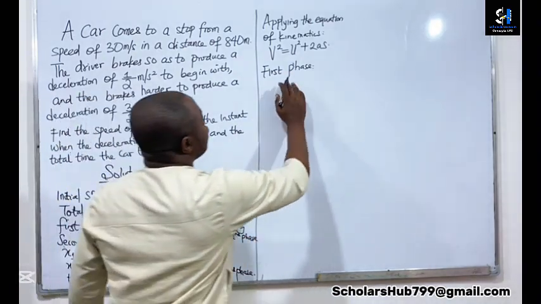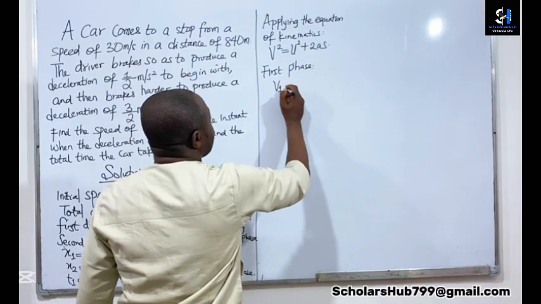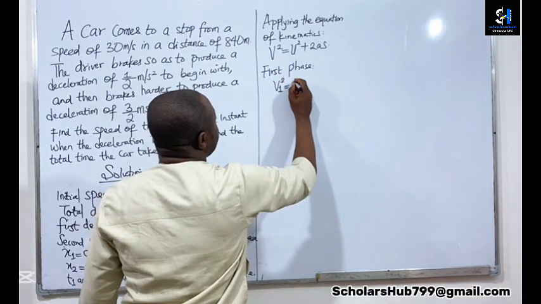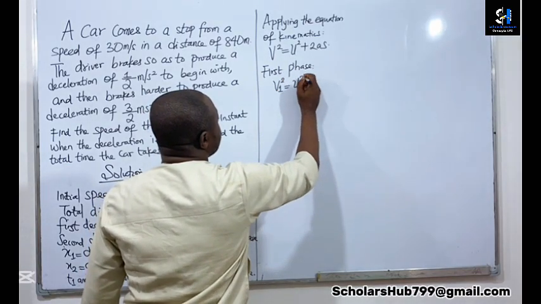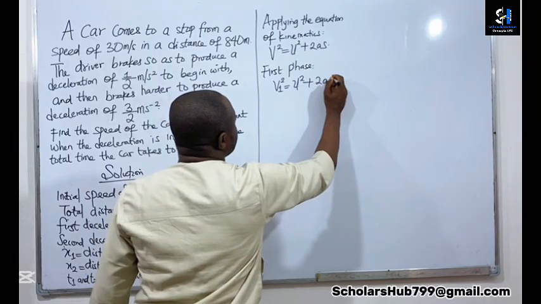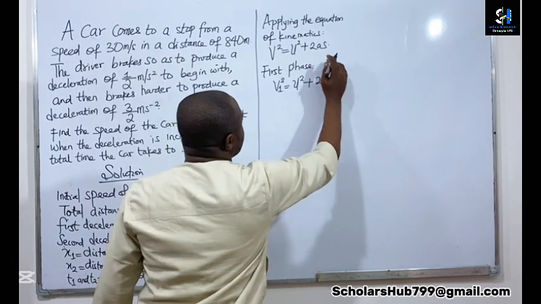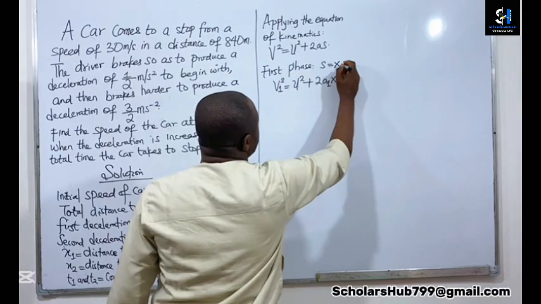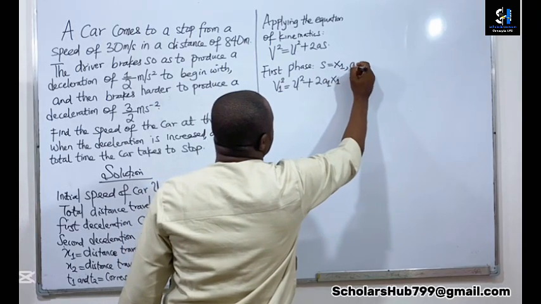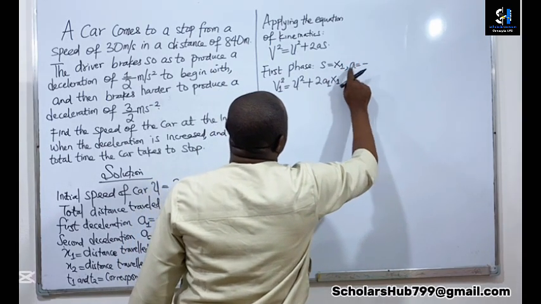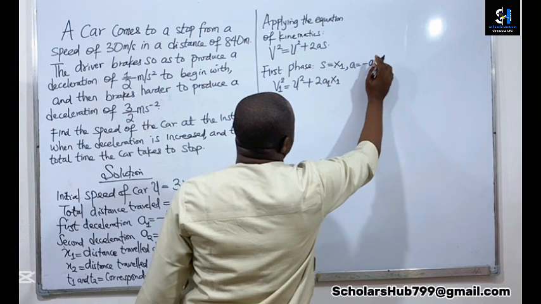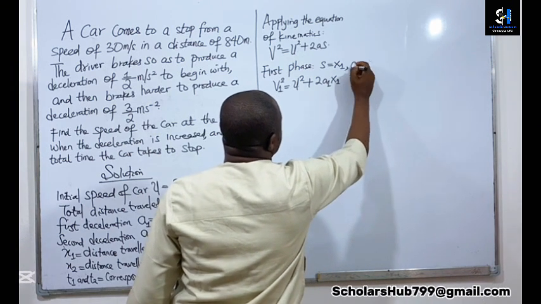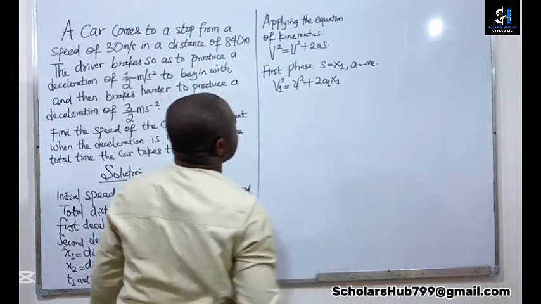So during the first phase, we have that v1 squared will be equal to u squared plus 2a1x1. So in this case, s equals x1. And a is negative. Okay, a is negative.